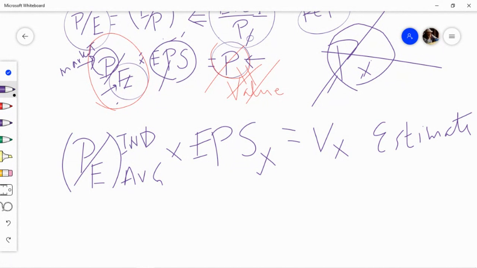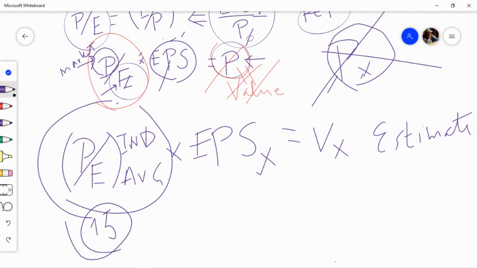Why? Think about it. When you use the industry average price earnings ratio, let's say the industry average is 20. It's better to use a round number.